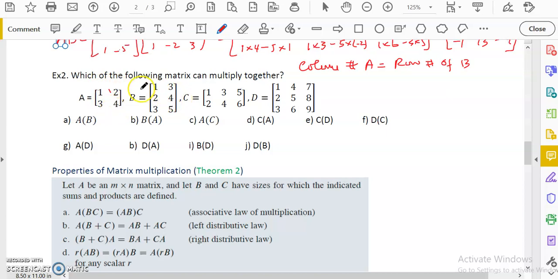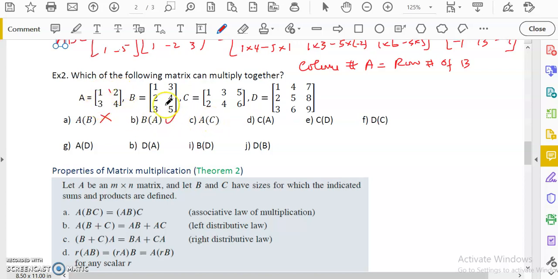And how many rows do I have? 1, 2, 3, 3 rows. So you cannot do this, right? Because if you multiply horizontal times vertical, it doesn't work. What about B times A? So I have 2 columns, and two rows, so this one works.